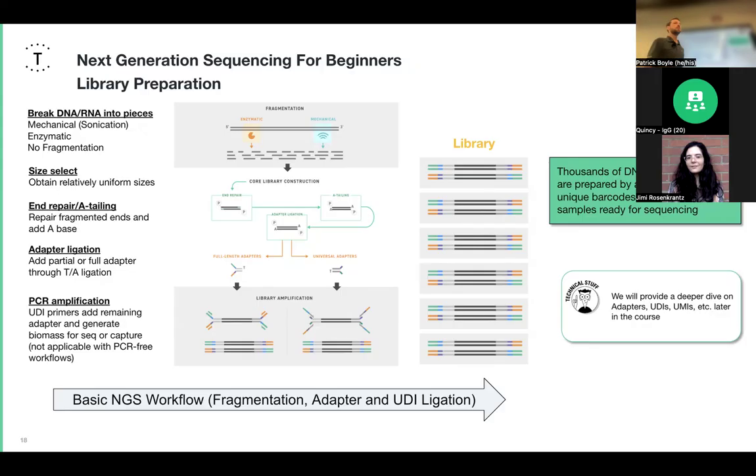Is there a big difference between Twist's enzymatic fragmentation and Illumina's Nextera? Oh yeah. So the Nextera system has a different type of fragmentation, right? It uses something called tagmentation, which recognizes certain sequences and introduces the adapters into the library.